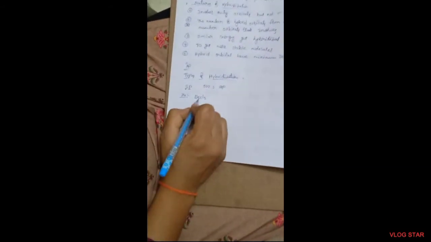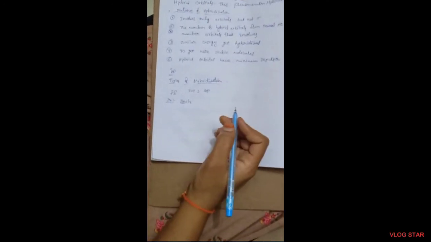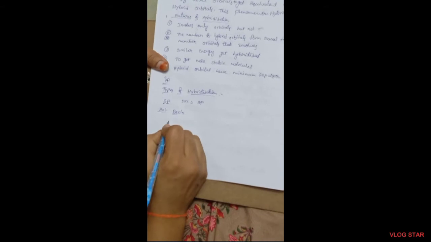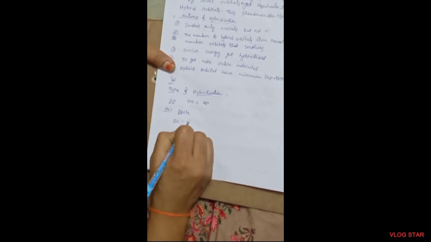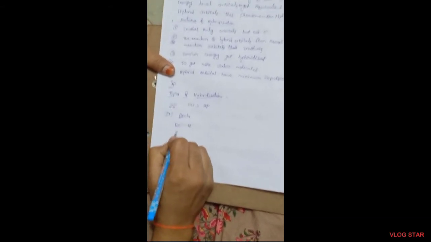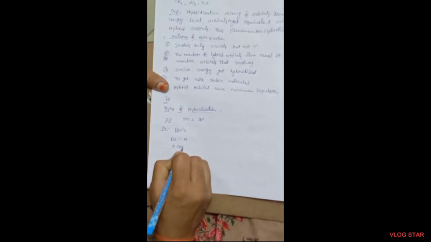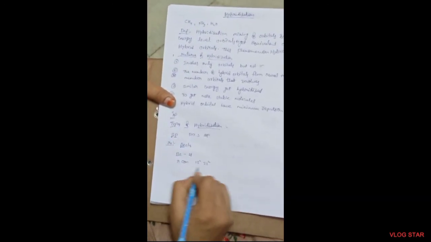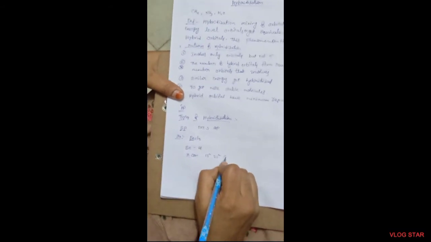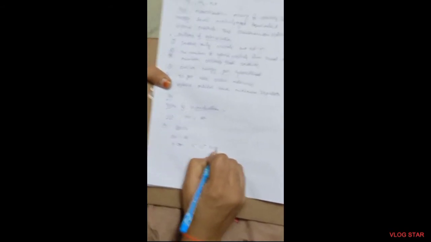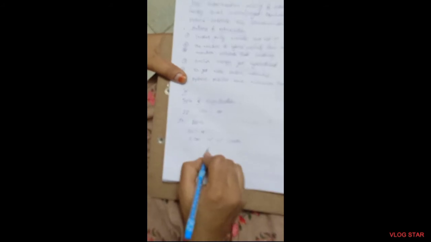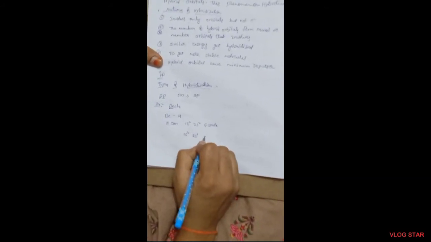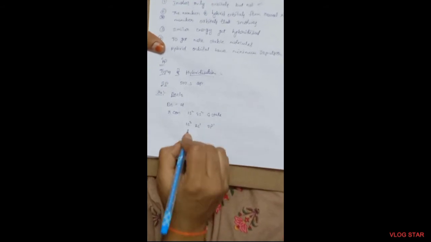Beryllium chloride. The atomic number of beryllium is 4. Electronic configuration is 1s2, 2s2. It is the ground state electronic configuration. If it goes to the excited state, what will happen? 1s2, 2s1, 2p1.